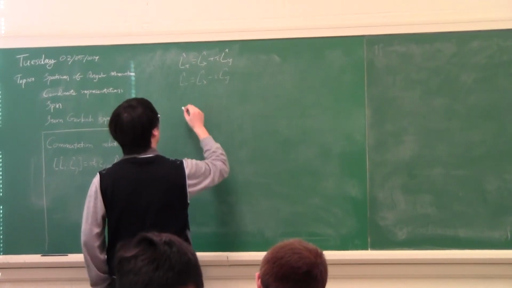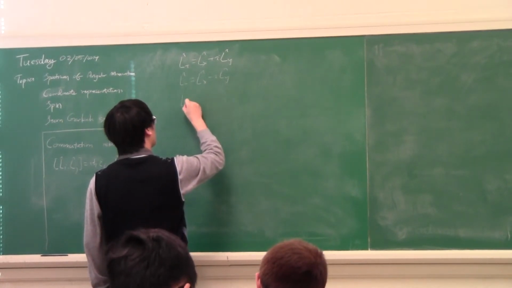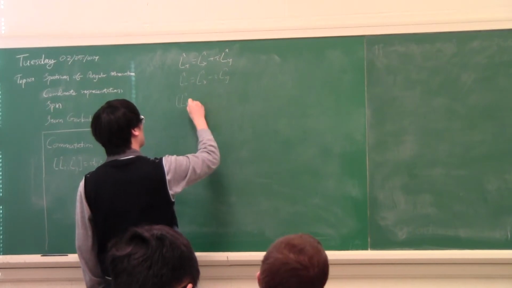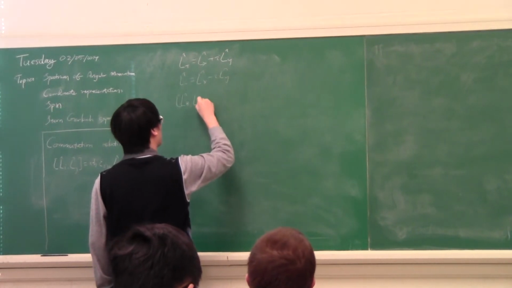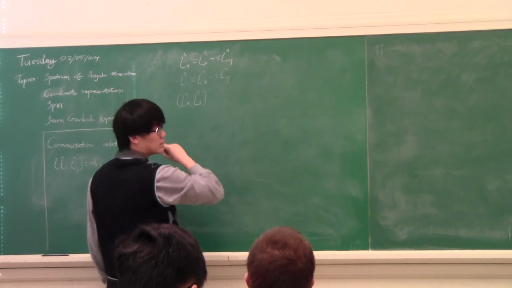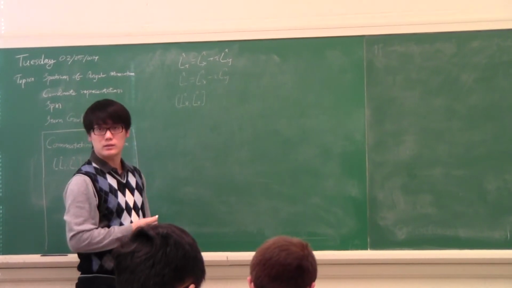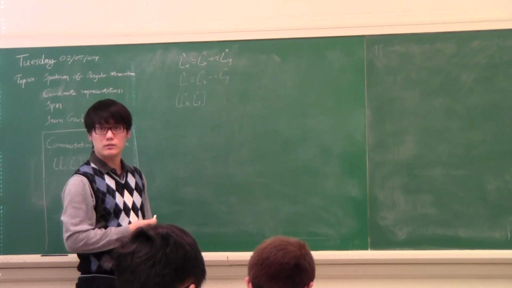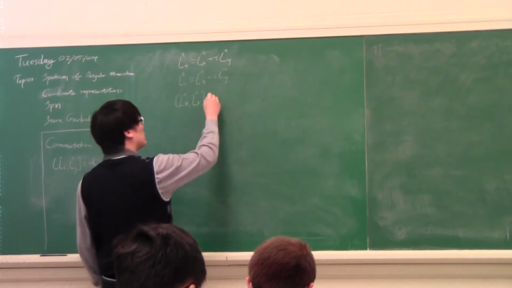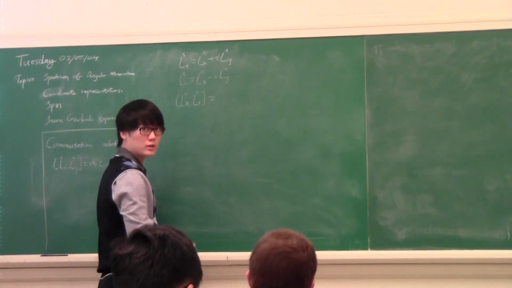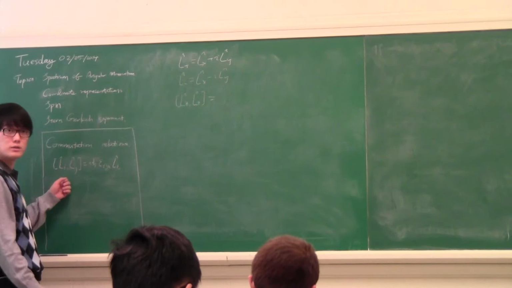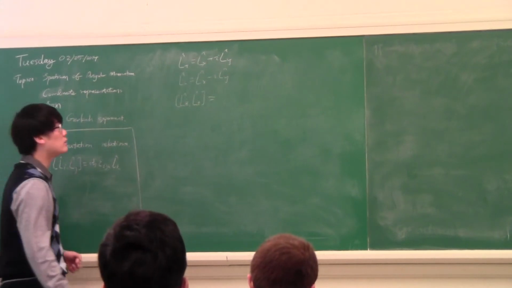And now, an interesting observation is how Lz commutes with L plus or L minus. Since L plus is a linear combination of Lx and Ly, we can compute this commutator with knowledge of how Lz commutes with Lx and Ly.